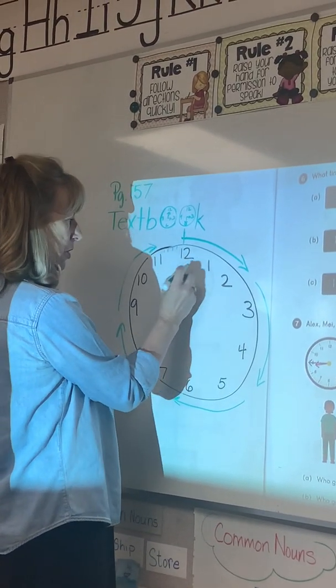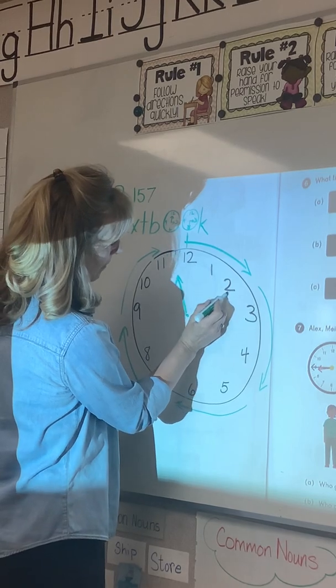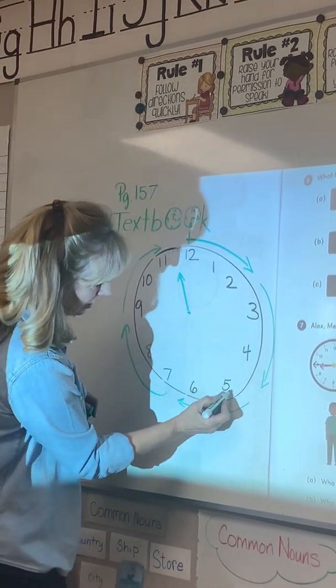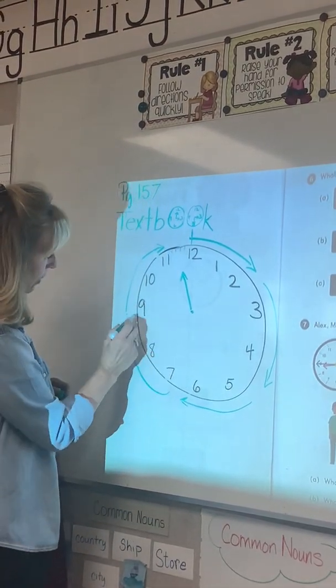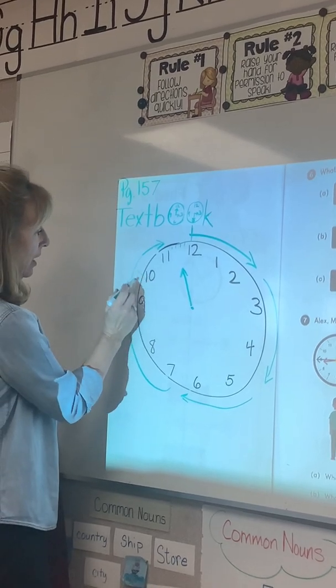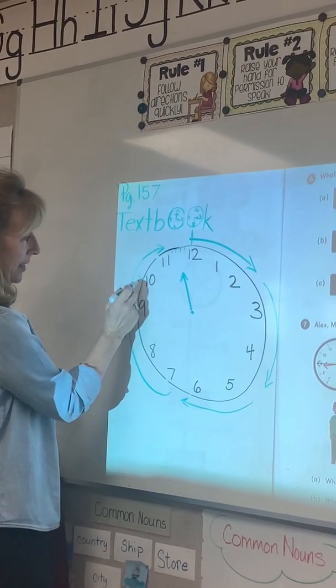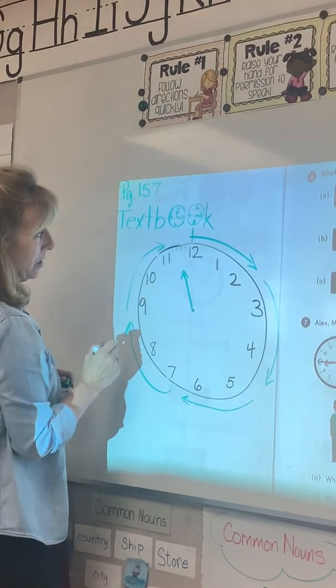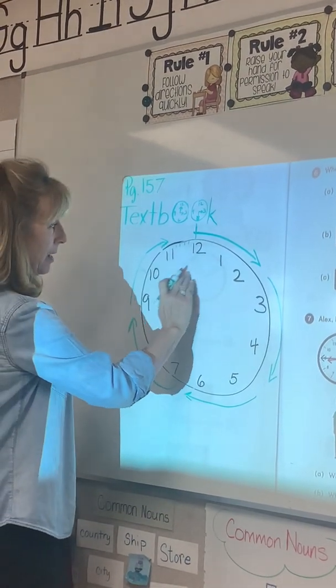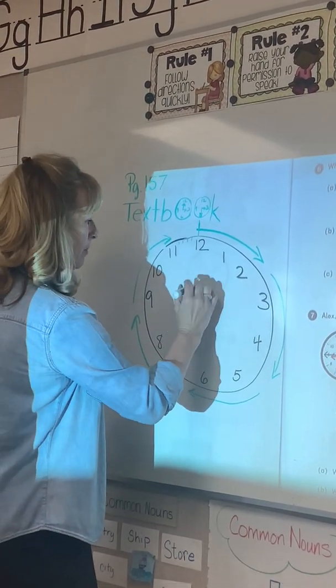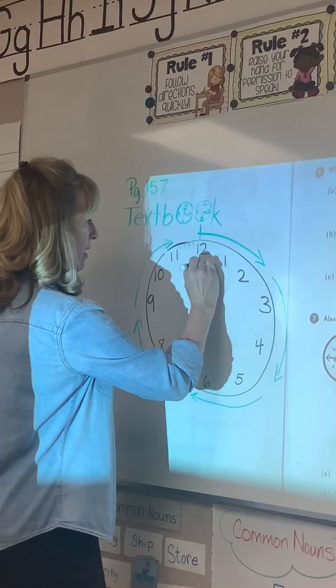It's going to be closer to the 12 because 5, 10, 15, 20, 25, 30, 35, 40, 45, 50, 50 minutes on the 10, it's almost to the 12, isn't it? So maybe we should make it even a little bit closer to like that. Okay?